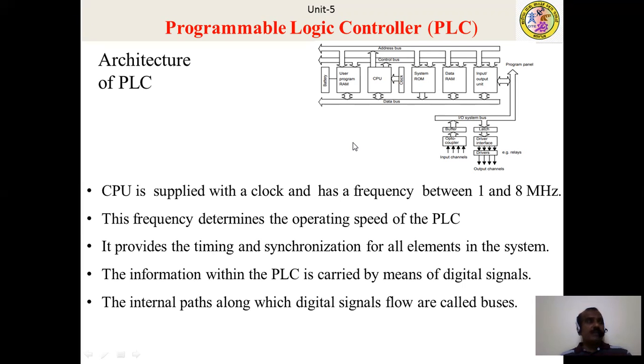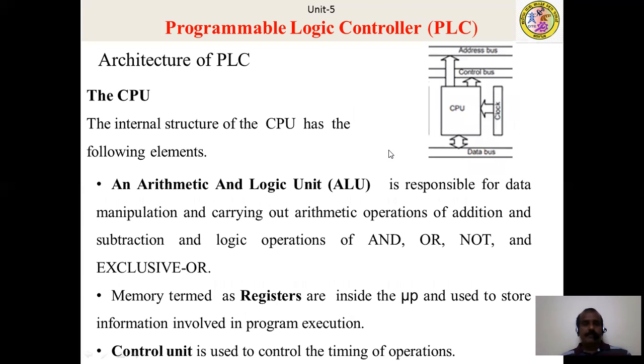The information within the PLC is carried by means of digital signals. The internal paths along which the digital signals flow are called the buses. Coming to the CPU, the internal structure of the CPU has an arithmetic and logic unit.